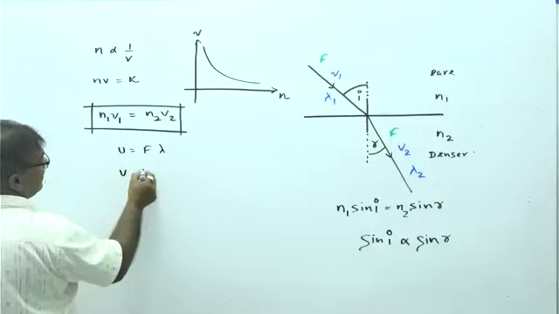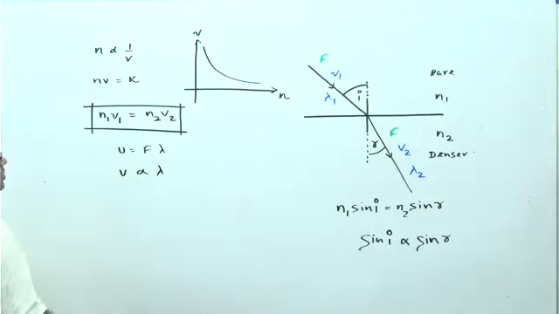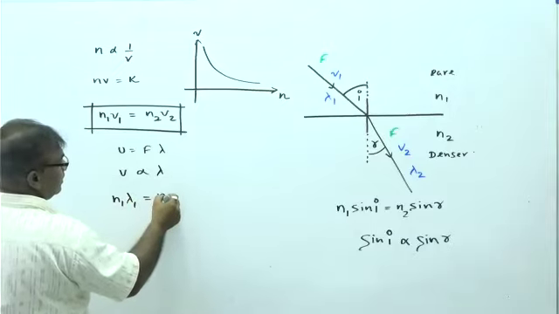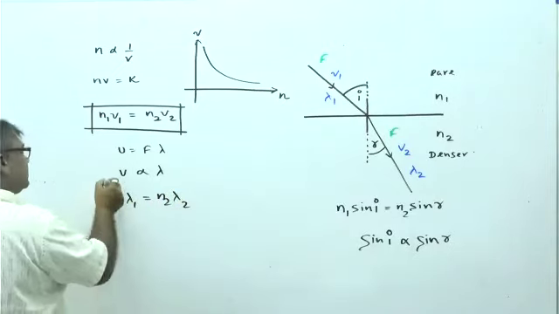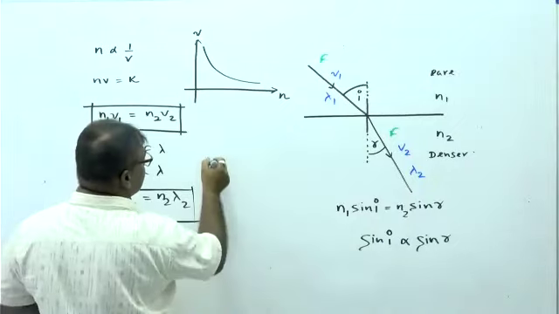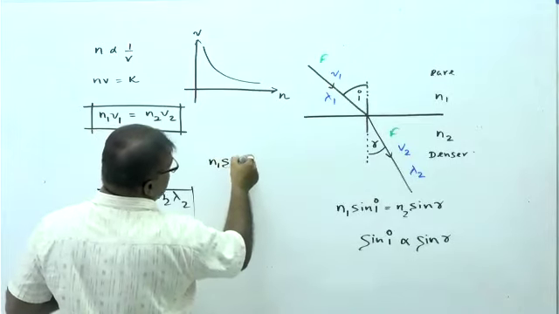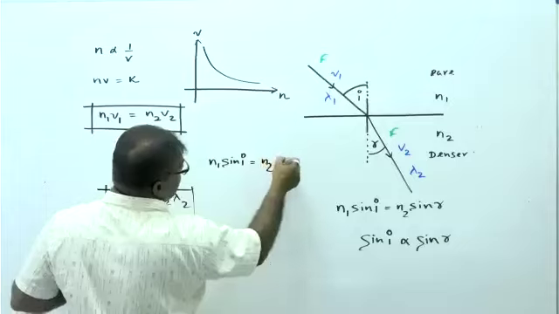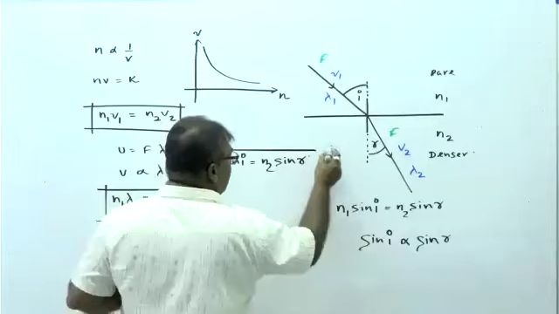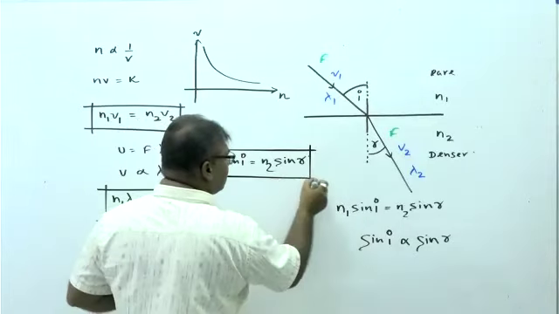As frequency remains the same, V is directly proportional to lambda. Here we have N1 lambda 1 equals N2 lambda 2. This is the next relationship, in addition to N1 sin I equals N2 sin R, right? These are the basic arrangements of refraction. It's a very simple thing, right?